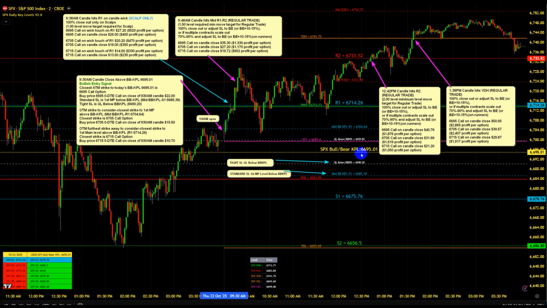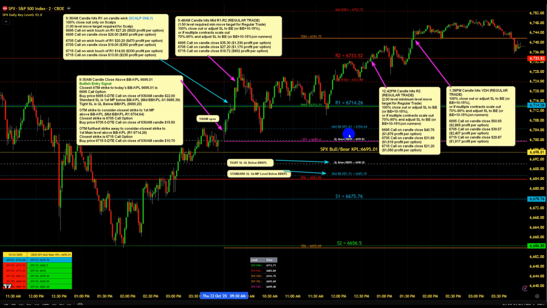So in this case, we're trading from this level. We look up one midpoint above, and it's 67.0464. So the closest strike to that is going to be the 67.05 strike. The buy price on the 67.05 call option on the close of this candle was $15.50.